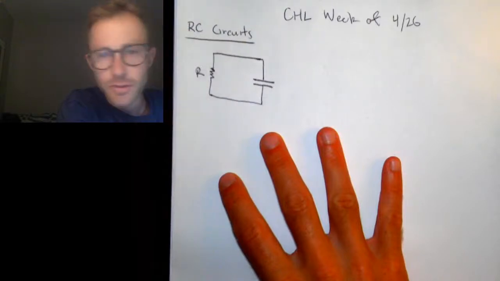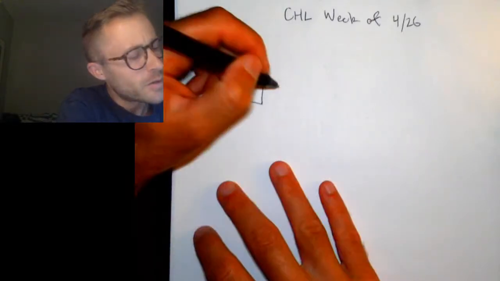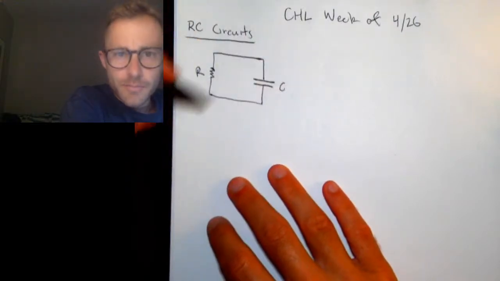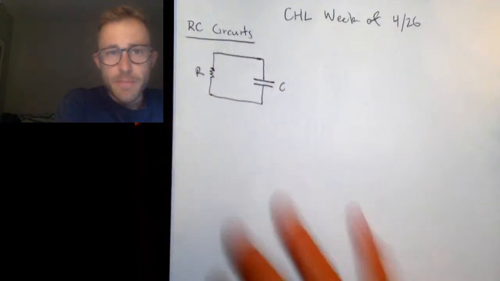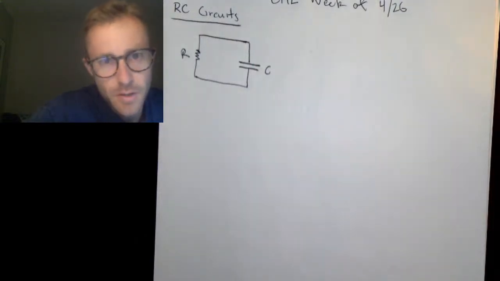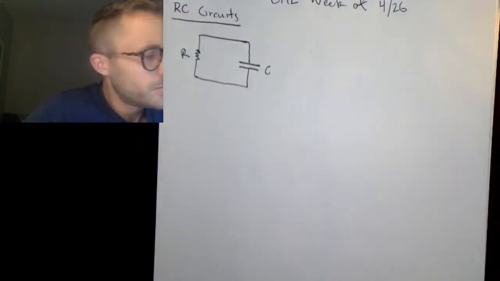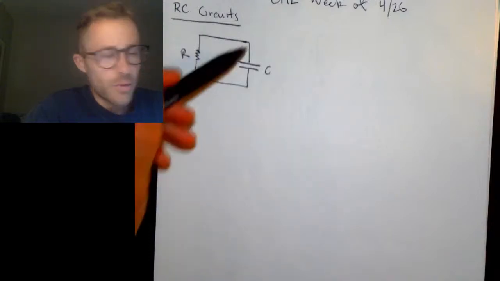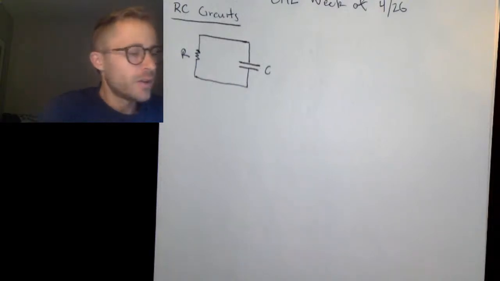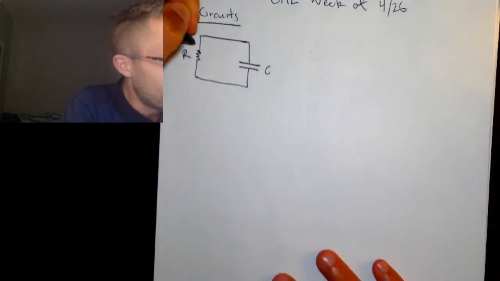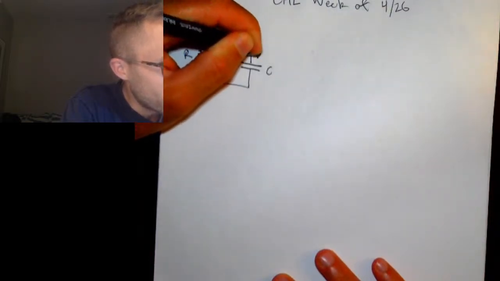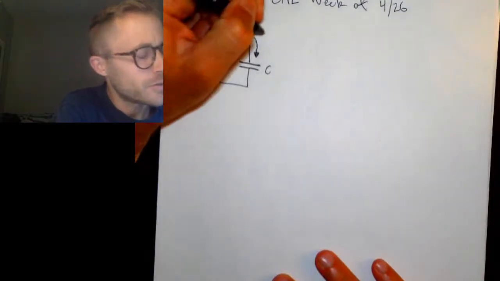The resistor has a resistance R, the capacitor has a capacitance C. This circuit has a single loop in it. The circuit has only one current. There are no branches for the current to divide itself into smaller parts. There's only one current, so I'm going to call that current I, and I'm going to assume that that current goes in this direction.